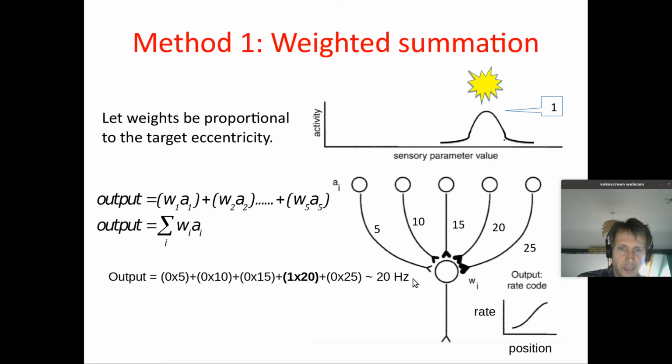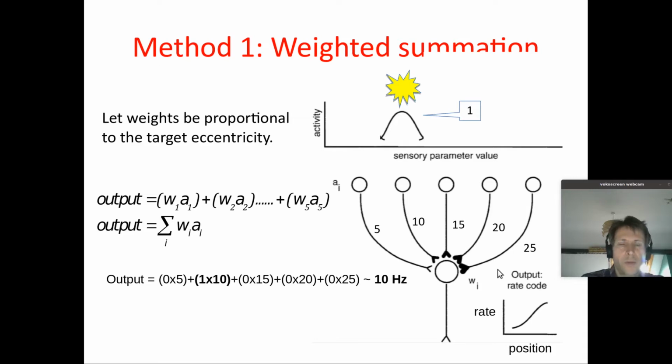So that's very simply 20 hertz. We'll call it hertz because it's in spikes per second. So we've got a rate of 20 hertz, and let's imagine that 20 hertz firing rate moves the muscle to move the eye to a position of 20 degrees.